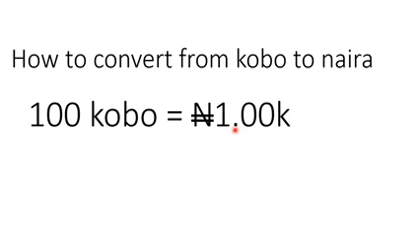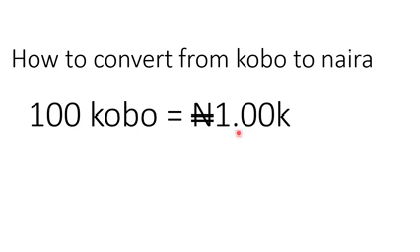A decimal point separates a number, that is, it puts a separation between a complete number and a number that is a fraction or that is not up to 1. So in this case, we have 1 Naira, 0 Kobo. So 100 Kobo is equal to 1 Naira, 0 Kobo.